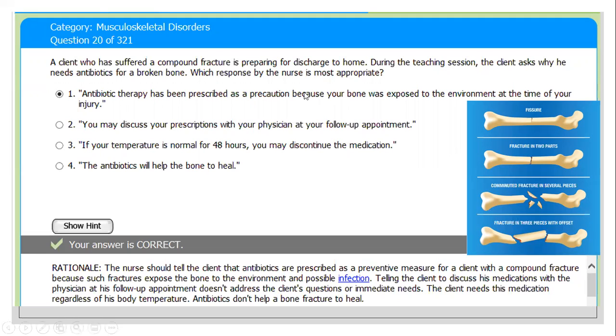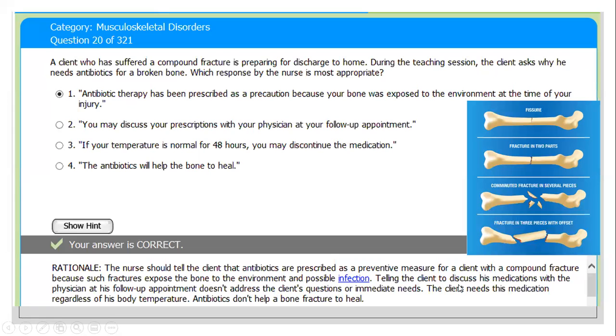In that kind of compound fracture, we always need antibiotics because of healing. The rationale: the nurse should tell the client that antibiotics are prescribed as a preventive measure for a client with a compound fracture, because such a fracture exposes the bone to the environment and possible infection.